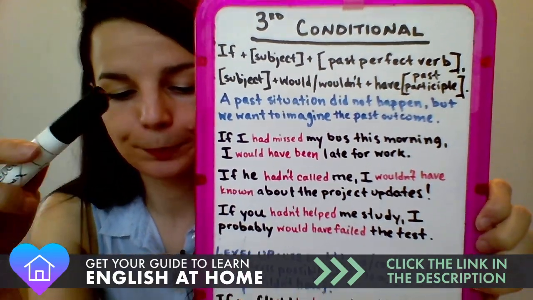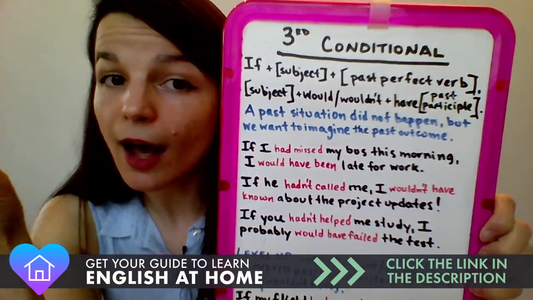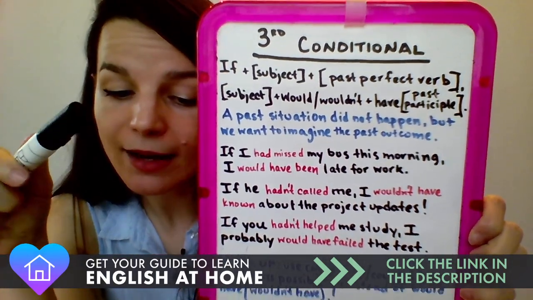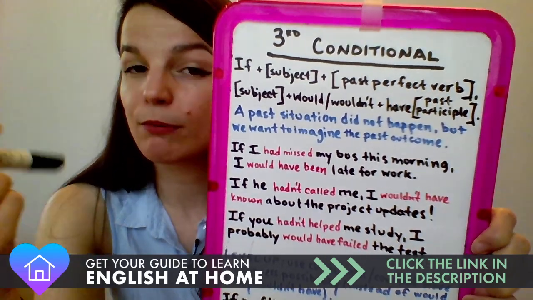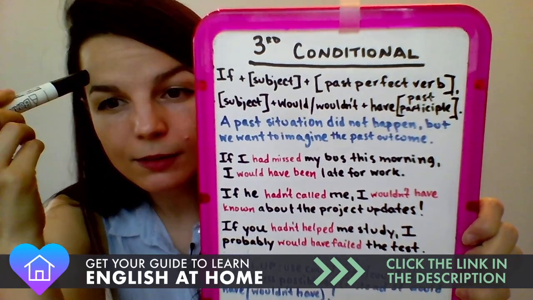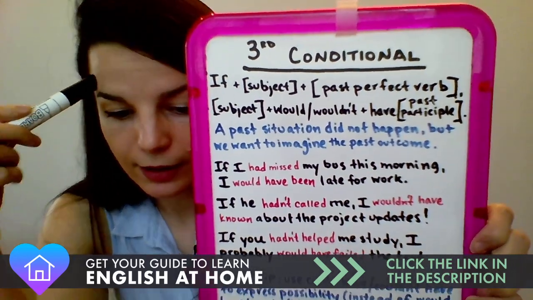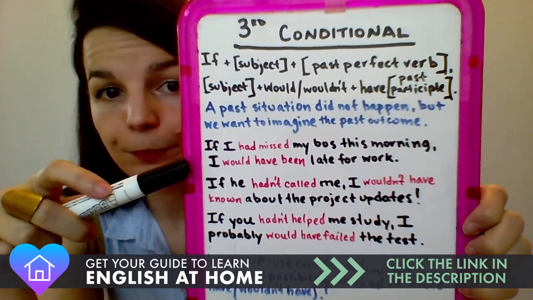A past situation did not happen, but we want to imagine the result. We want to imagine the outcome. We have to think a little bit about these, so let's look at several examples now.